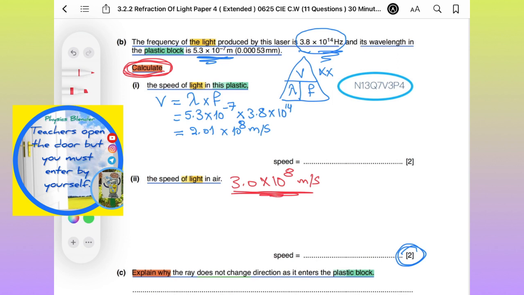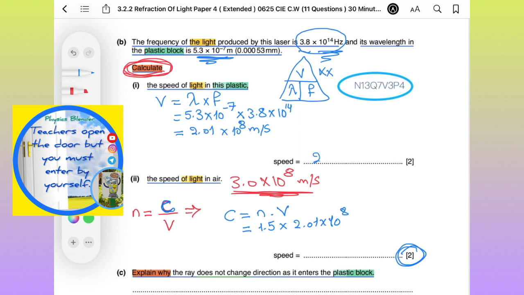So show your working. You have to apply the ratio between the speed of light in air and speed of light in medium. Rearrange. So you have c here is unknown. So rearrange. c is equal to n times v. n was given in the first part, 1.5, and v you have from your answer here.